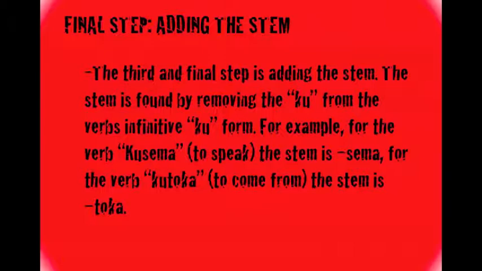And we also have kuongea. They all mean the same thing. Kusema, kuzungumza, kuongea. They all mean to speak. So in this example, sema is the stem. So all we're going to do to find the stem is to get rid of this ku, and that's the stem. So for example, for kutoka, take away the ku, and the stem is right there, toka. Like I said, it sounds kind of complicated at first, but it's very simple.